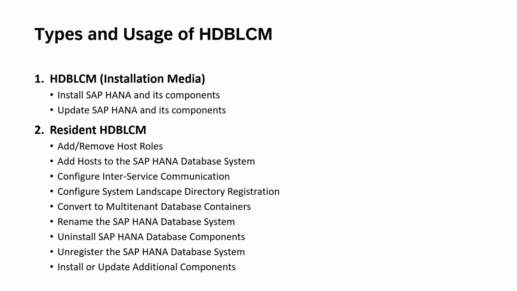Suppose we have one software. The option number 2, resident one, is like we have the component, you can say, the CD of the same database version, same software version, which will have all the components which can be installed or removed for the same version.